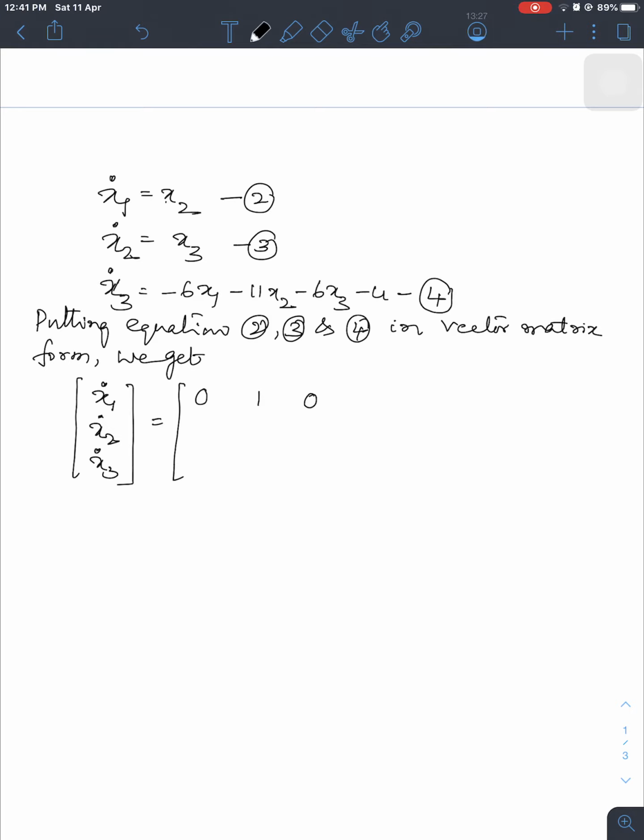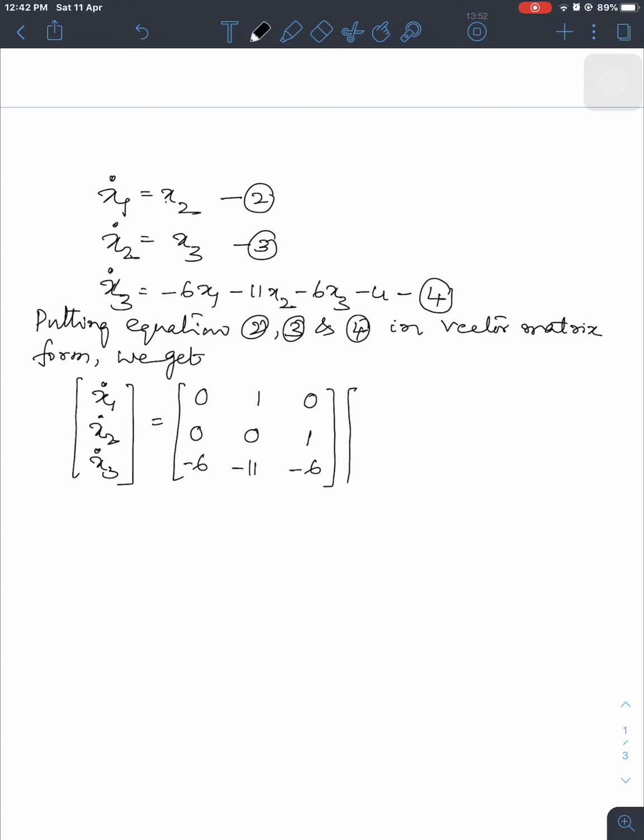So we have put the first equation in this manner. The equation 3, x2 dot equal to x3, is written as there is no x1 term, no x2 term, and there is 1 for x3. And x3 dot equal to minus 6x1 minus 11x2 minus 6x3.